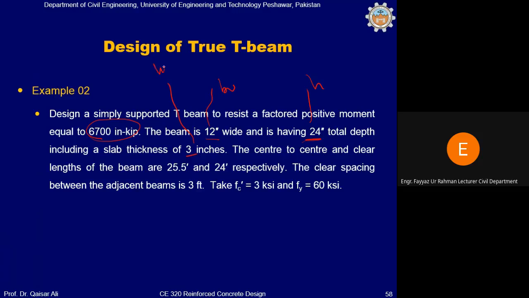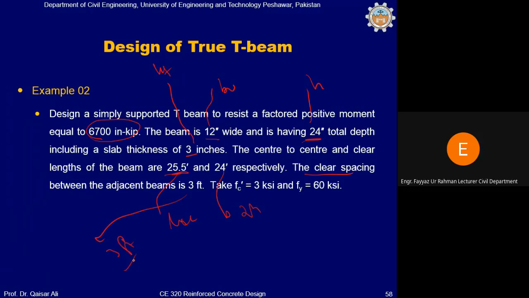The thickness of slab is 3 inches. This is the center to center length, and this is the clear length Ln of the beam, which is 24 feet, and the clear spacing between the adjacent beams is 3 feet.